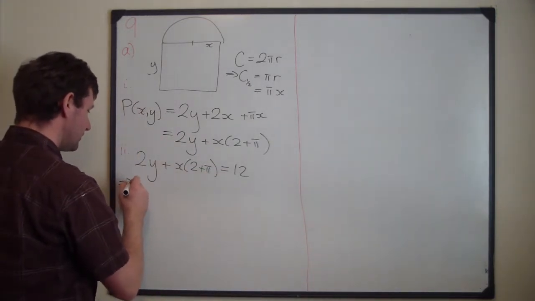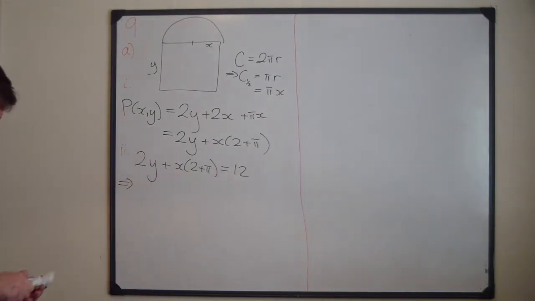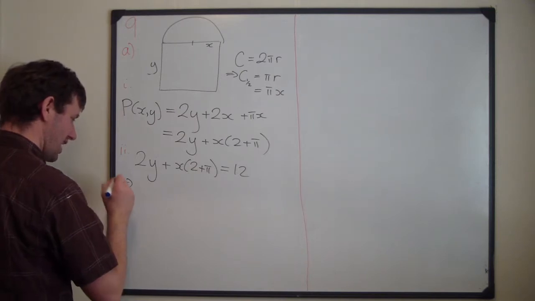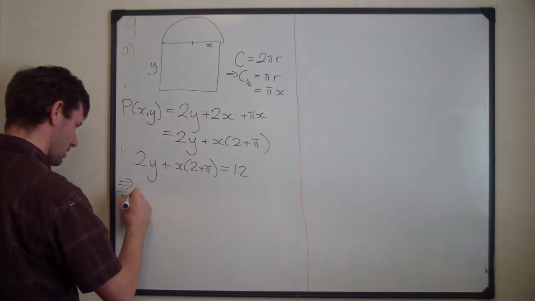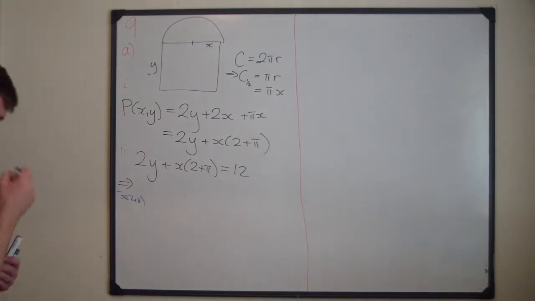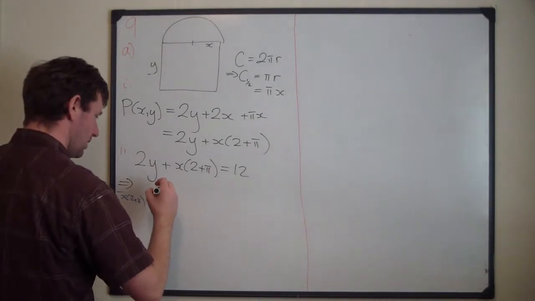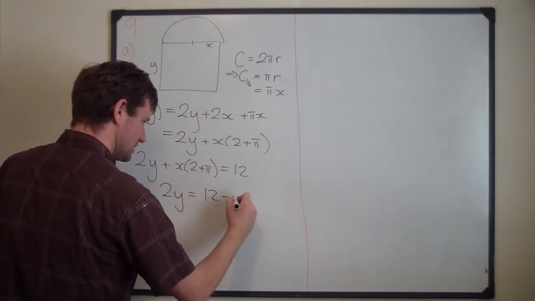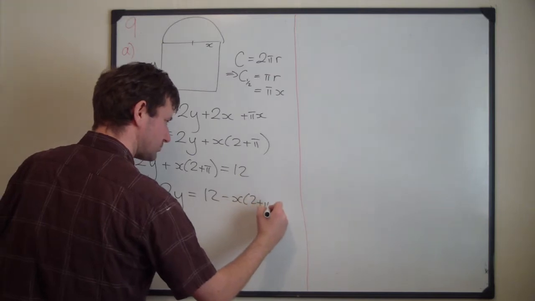I have this plus x times 2 plus pi. The inverse of adding that is subtracting it. So I'm going to apply the function take away x times 2 plus pi to both sides. I get 2y is equal to 12 minus x times 2 plus pi.